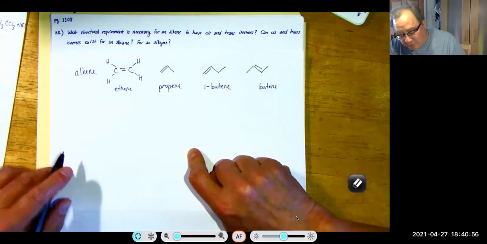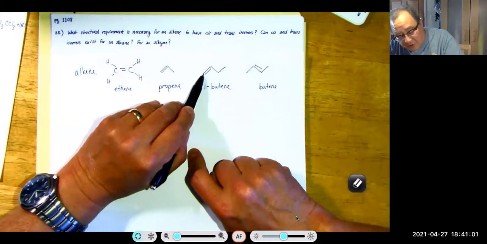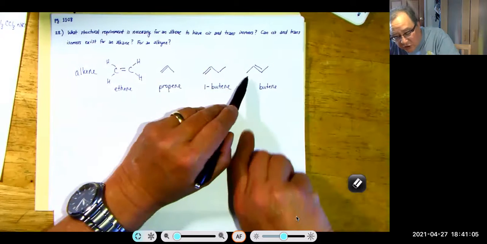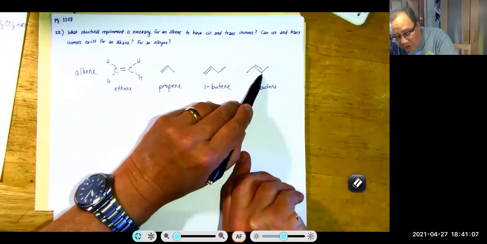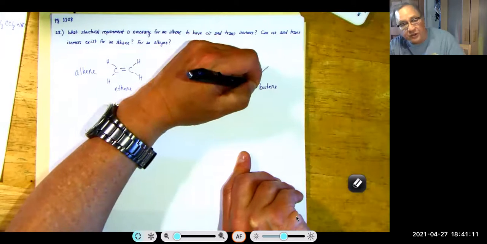If we call this carbon number 1, 2, 3 and 4, and over here, carbon 1, 2, 3, and 4, the double bond starts on carbon 2, so this would be 2-butene.